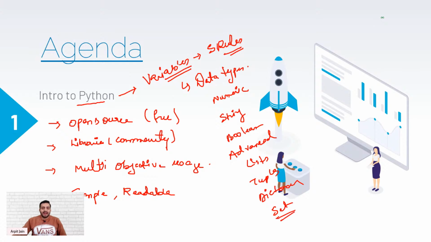All of these are types of data that Python supports, and obviously each one of them has its own respective usages and applications. So we will be going through each one of them one by one. That's pretty much what we had as part of our discussion in our last class.